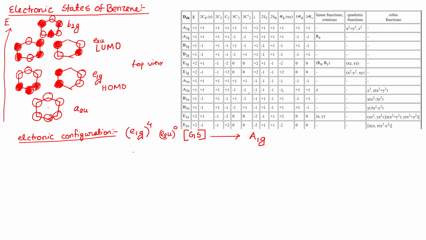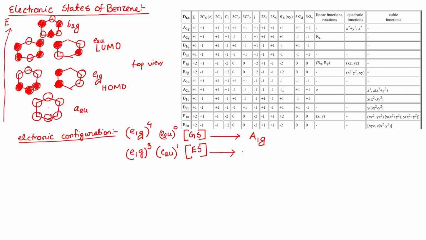What about this electronic configuration? When it has E1G 3 and one electron went to E2U 1, then this is one of the excited states, right? So it is going to have a direct product.